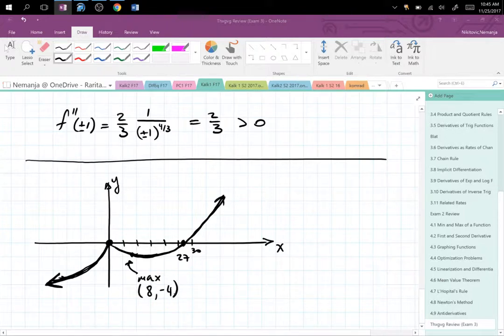I did a poor job of drawing this because this has to be a max. Wait. It's a max.